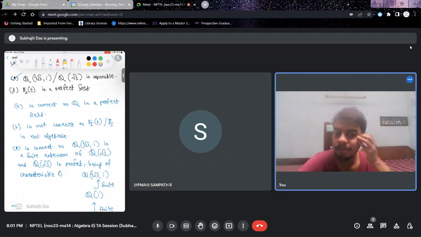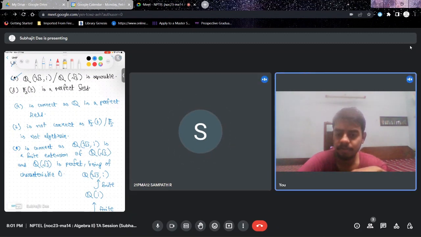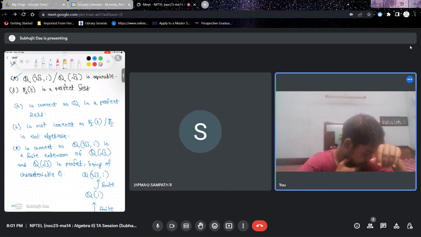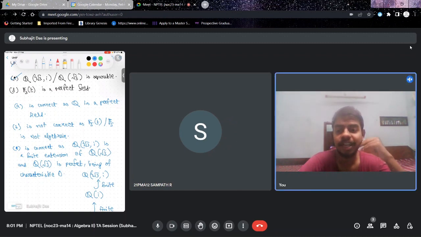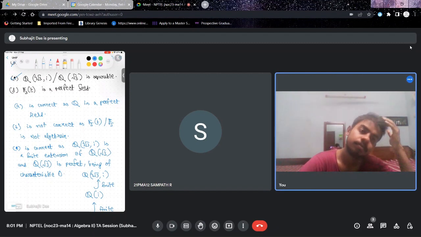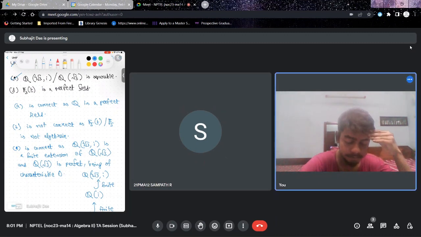Okay, why is it not perfect? Think about this for a while. Why is this not perfect? Can you find an irreducible polynomial over F3(t) which is not separable? Try to think.